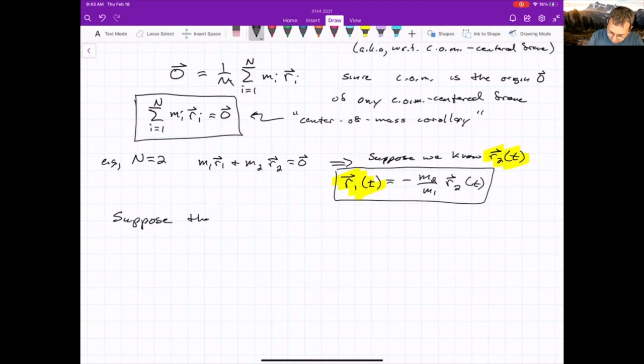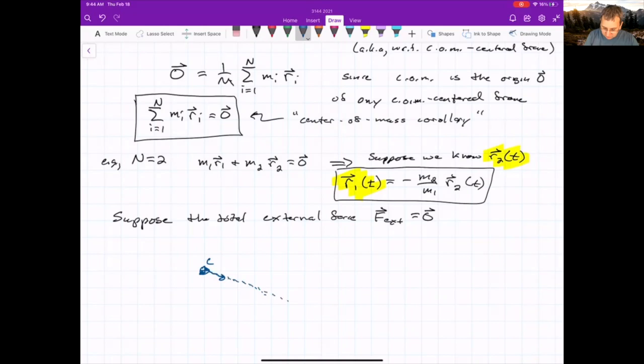So suppose the total external force, F_ext, equals 0. So maybe the total external force cancels out, or there just aren't any external forces. Then that means that the motion of the center of mass is going to be with constant velocity.